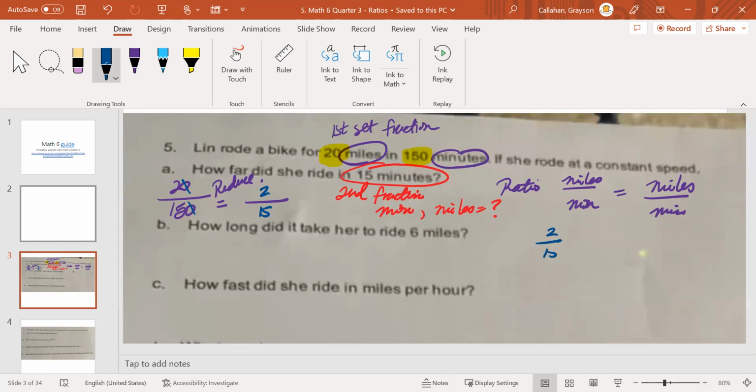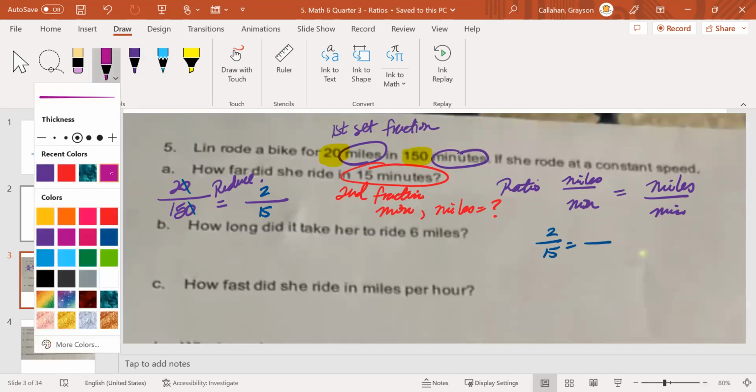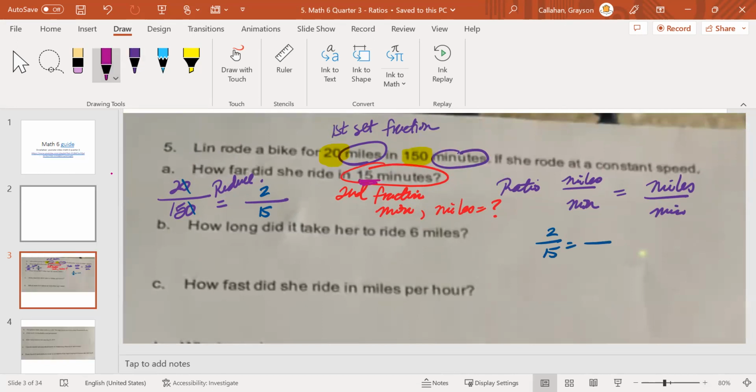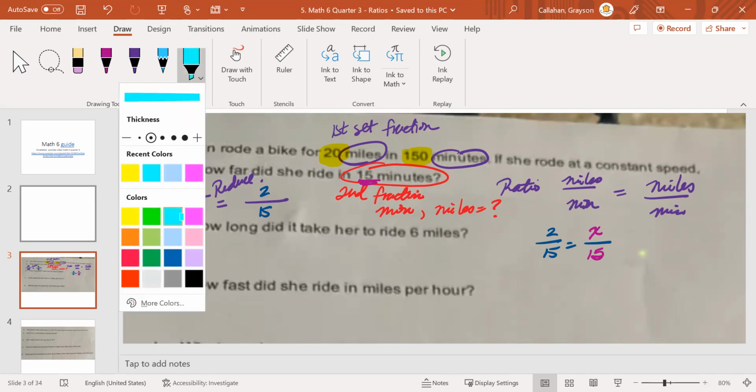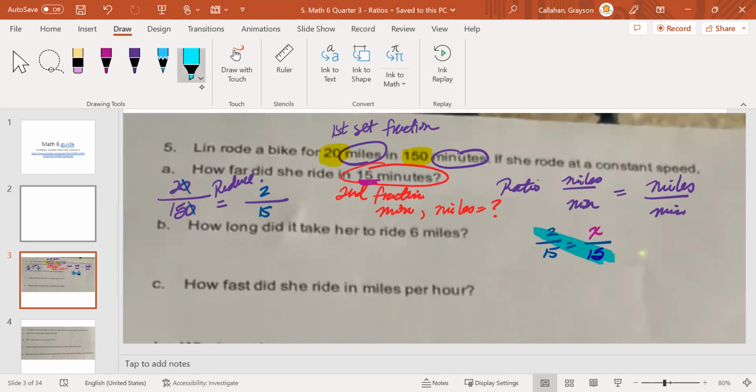So you're going to do 2 over 15 equals, here's your second set of fractions. Your second fraction is 15 minutes. So remember, minutes is on the bottom. And then you put x on top, right? So then you're going to cross multiply. So 2 times 15 equals 15 times x. 2 times 15 is 30.